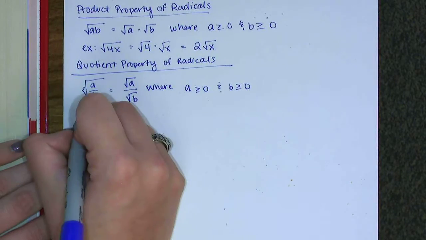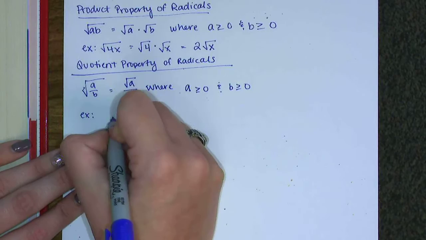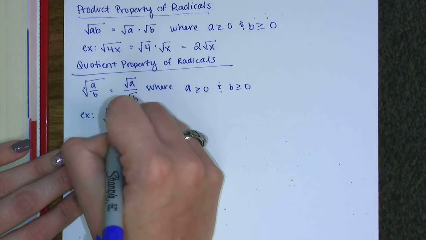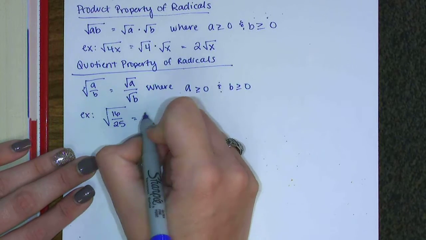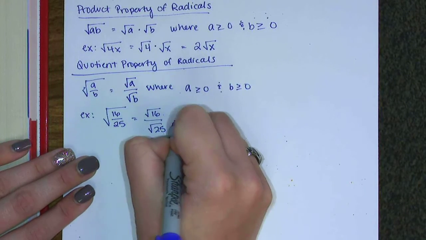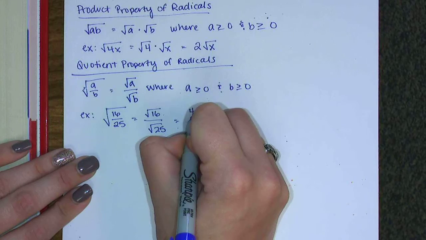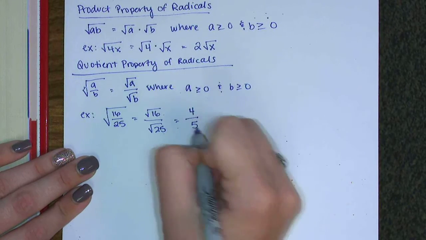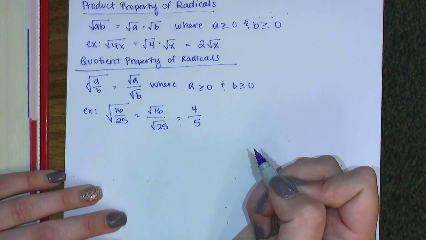And then an example, the square root of 16 over 25 is equal to, we can split it top and bottom, the square root of 16 over the square root of 25, which is equal to, the square root of 16 is 4, square root of 25 is 5, so it is equal to 4 over 5.